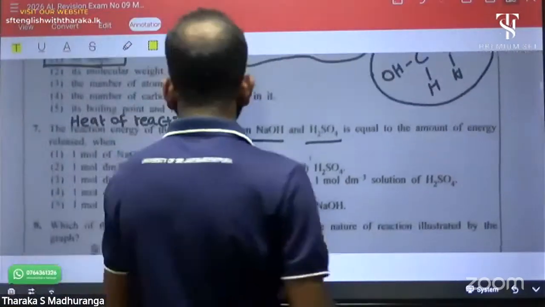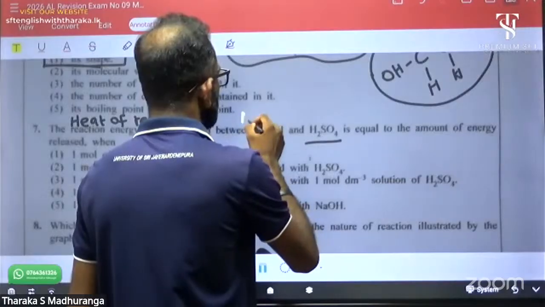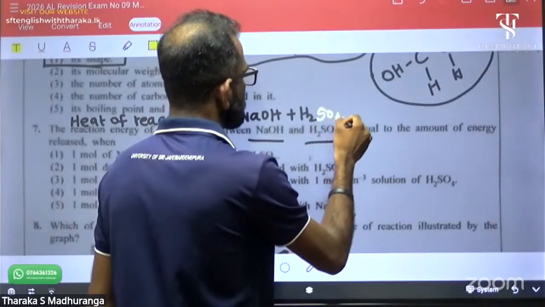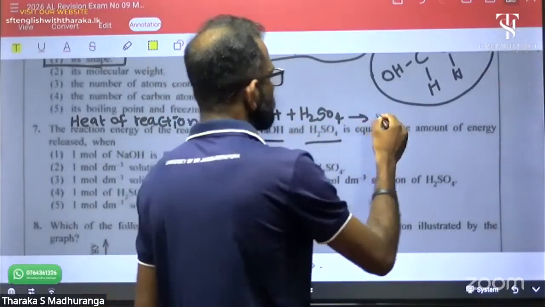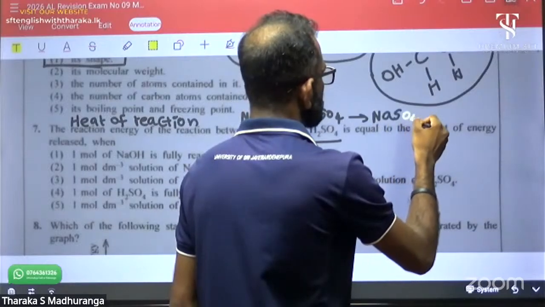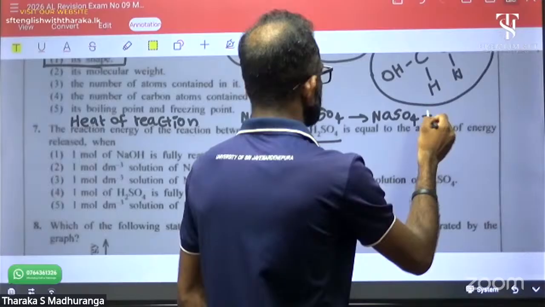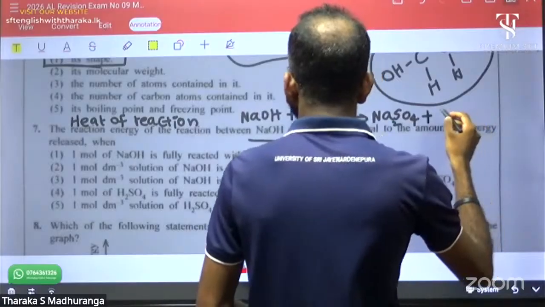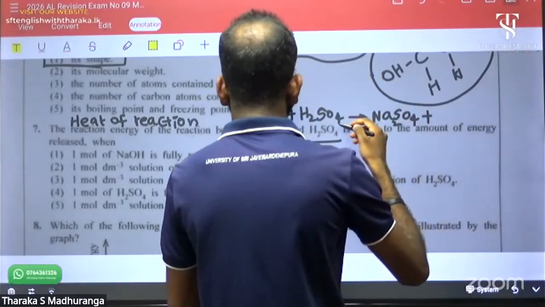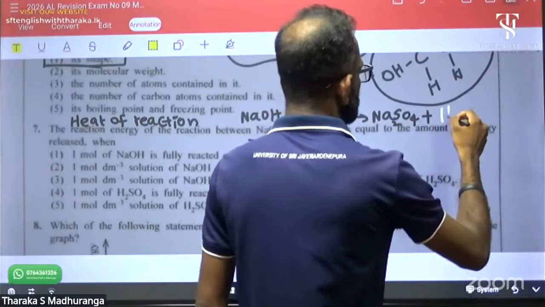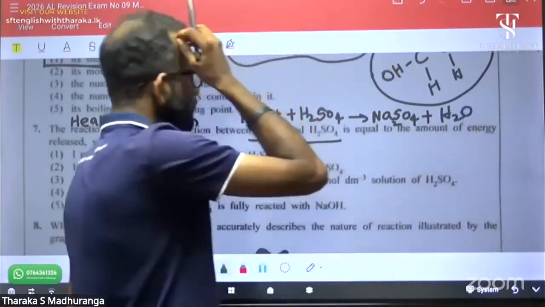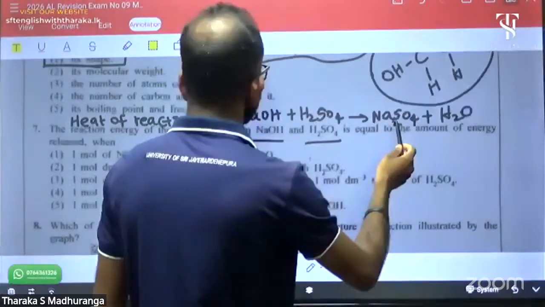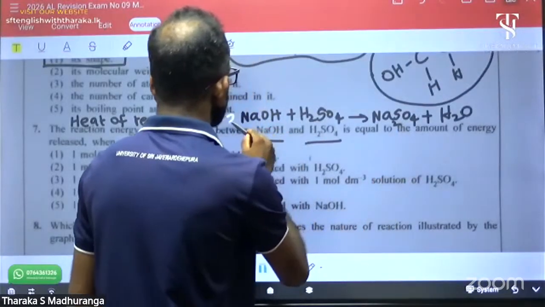Now you have to note down the equation of sodium hydroxide plus H2SO4. The products are sodium sulfate, Na2SO4, plus water, H2O. Okay, now you can balance this equation. How to balance this equation? Now, 2 sodium, you can add 2 here.